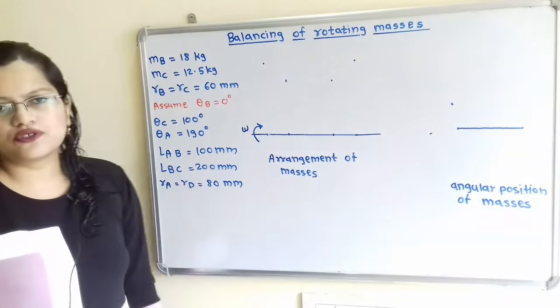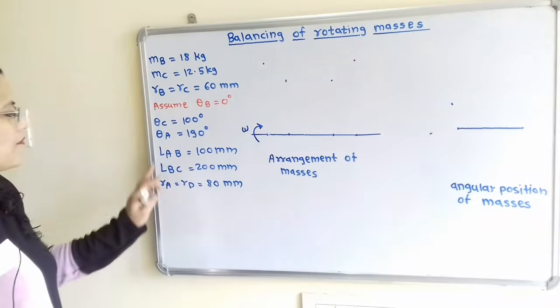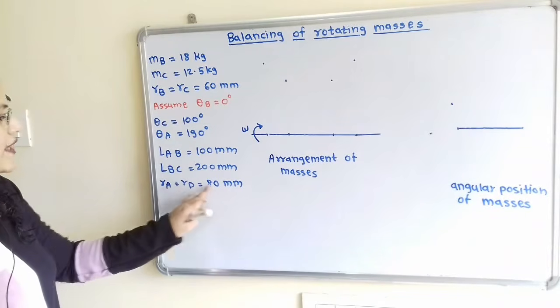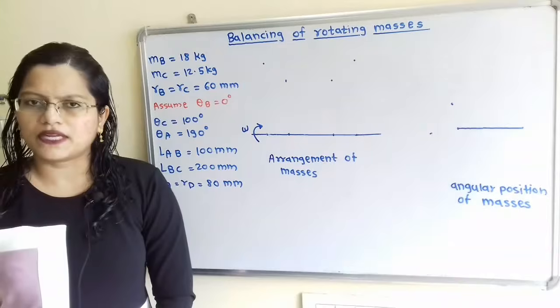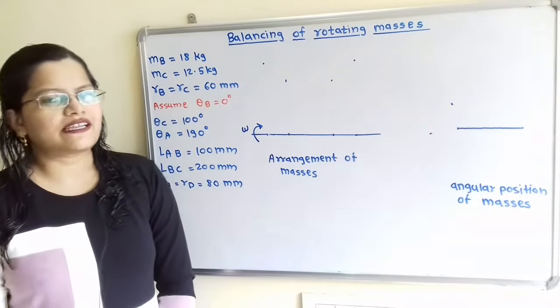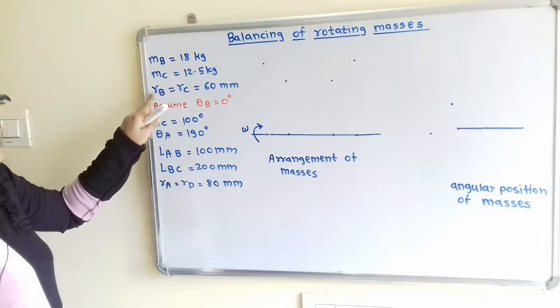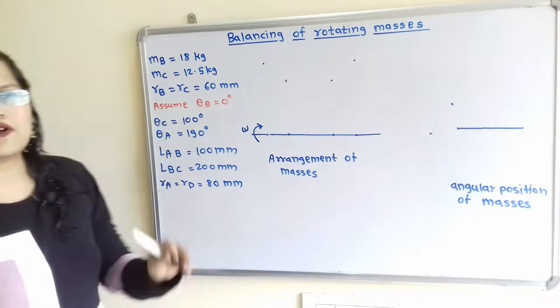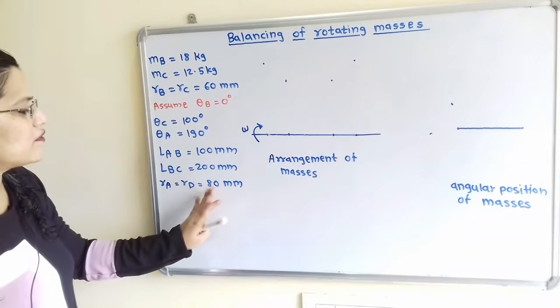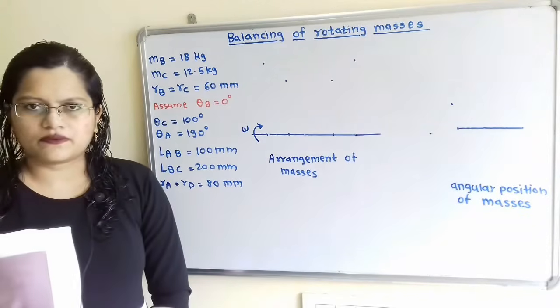So we have to show that. Now in the same way, eccentricity for the masses A and D is also given and that is equal to 80 mm. So we have to consider the standard unit, that is meter. So we can say that RB is equal to RC is equal to 0.06 meter and RA is equal to RD is equal to 0.08 meter.